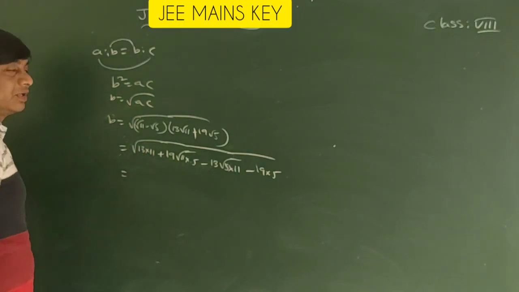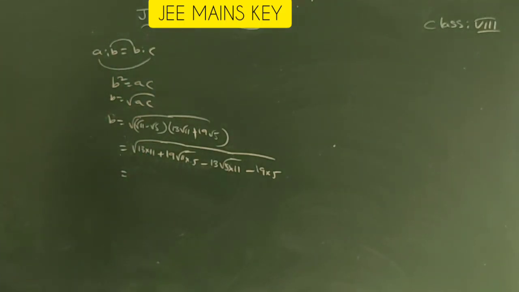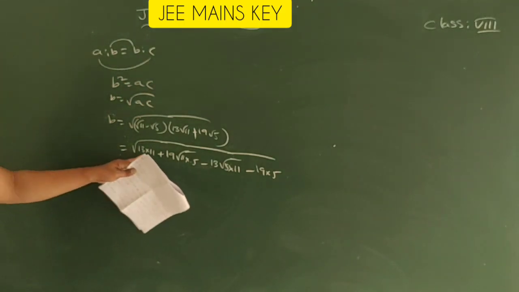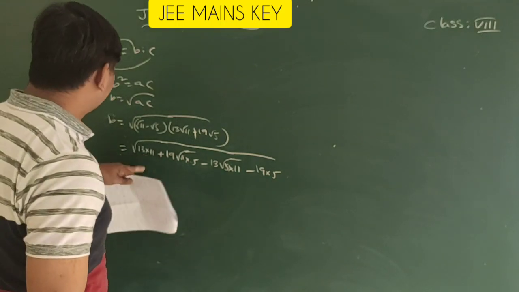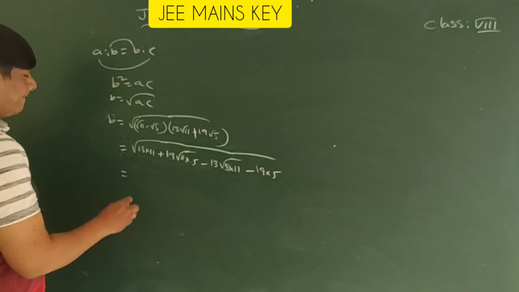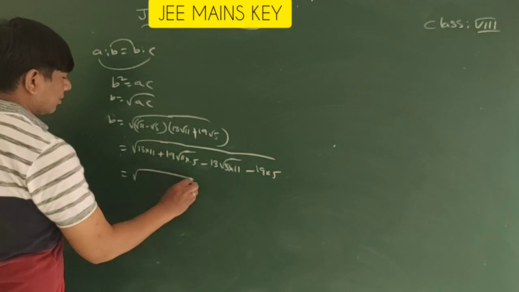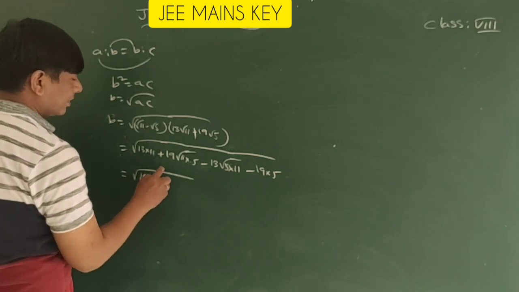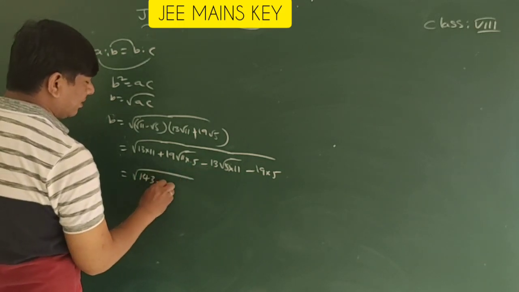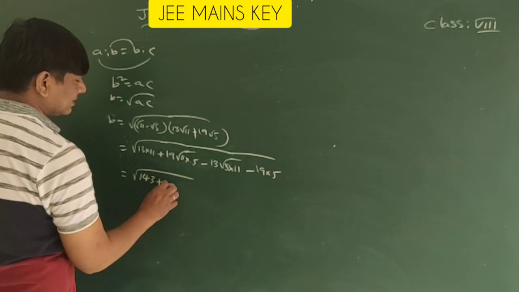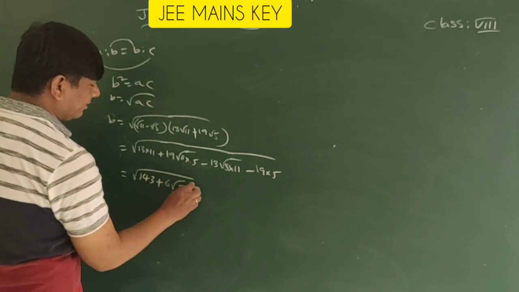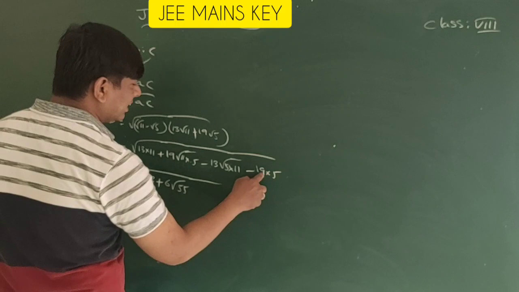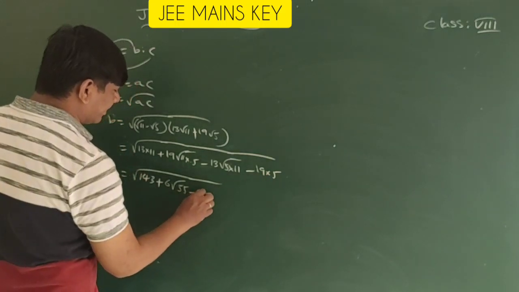That is equal to 11 13s, 143 here. 19 minus 13 plus 6 root 55, and minus 19 5s, 95.